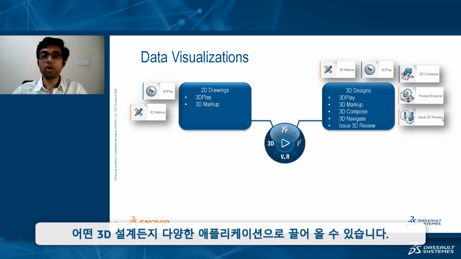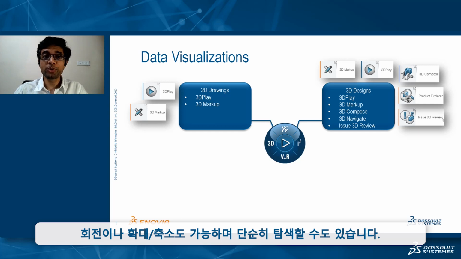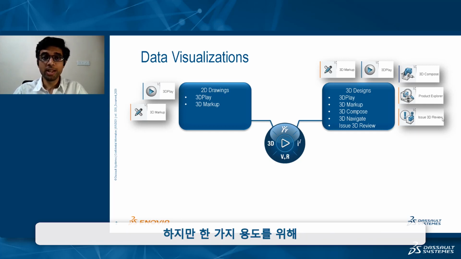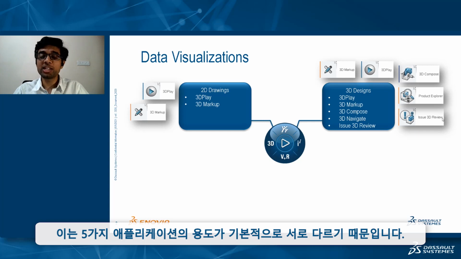For all these different 3D designs, you can drag and drop them into a set of different applications. There are a total of 5 applications where you can visualize these 3D designs. You can rotate, zoom, and just navigate through them. Why do we have 5 applications for the same thing? Basically, the 5 applications are targeted for different purposes.